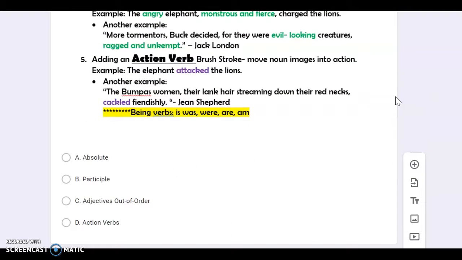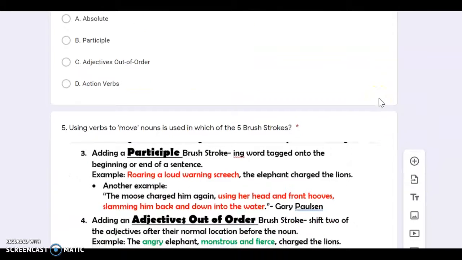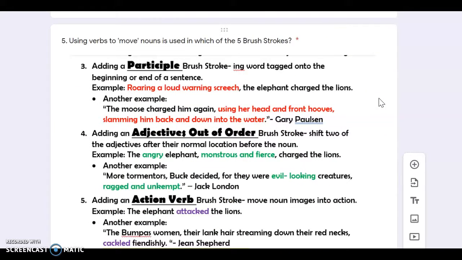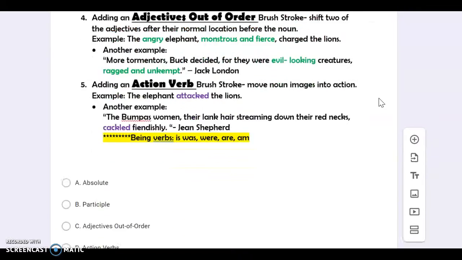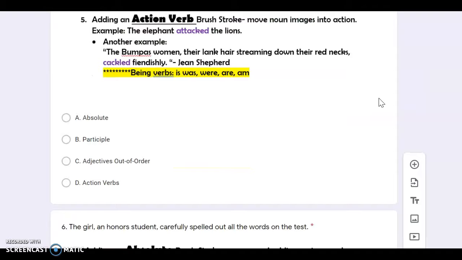A, absolute, B, participle, C, adjectives out of order, or D, action verbs? Number 5, using verbs to move nouns is used in which of the 5 brushstrokes? Is it A, absolute, B, participle, C, adjectives out of order, or D, action verbs?